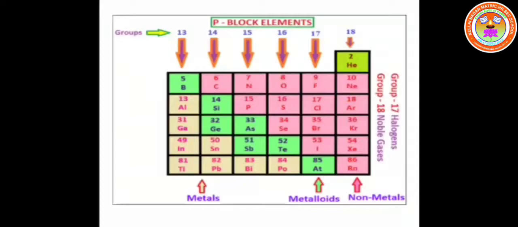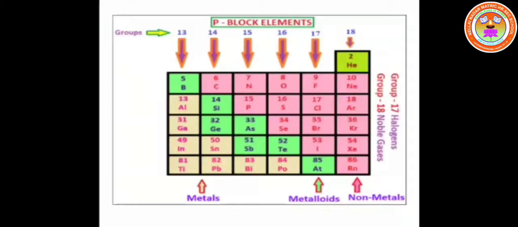Coming to 14th group, carbon, silicon, germanium, tin and lead. Lead belongs to 14th group. Coming to 15th group, nitrogen, phosphorus, arsenic, antimony, bismuth. So bismuth belongs to 15th group. Coming to 16th group, oxygen, sulfur, selenium, tellurium and polonium.